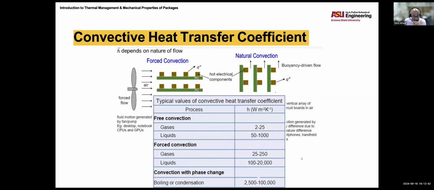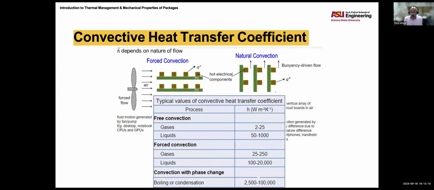Again, what's going to concern us is the difference between free convection and forced convection. In our laptops and notebooks, because we have the fans, and even in the bigger servers, where they have big fans, they can get much better convection than, say, our cell phones.